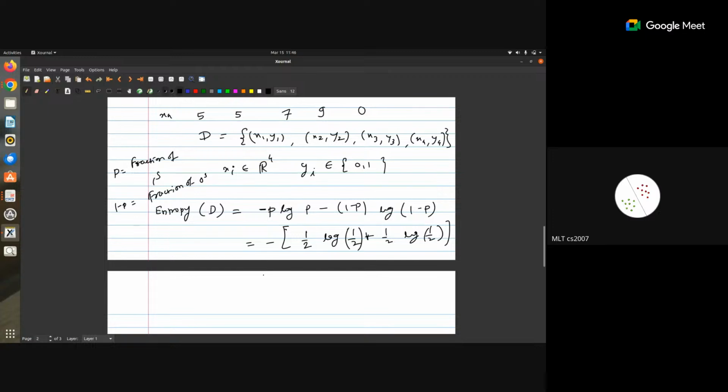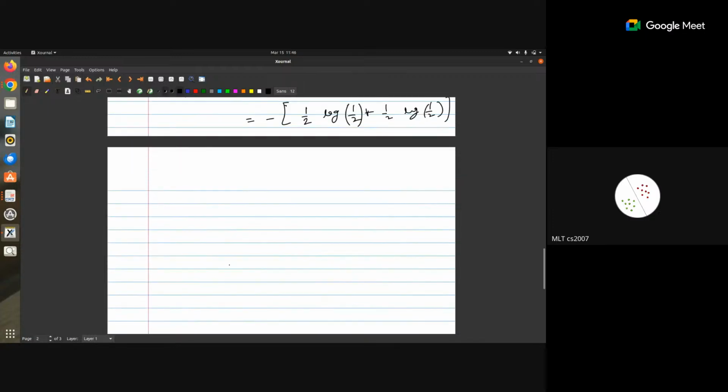So this is the general formula for entropy, and this entropy function looks like this.